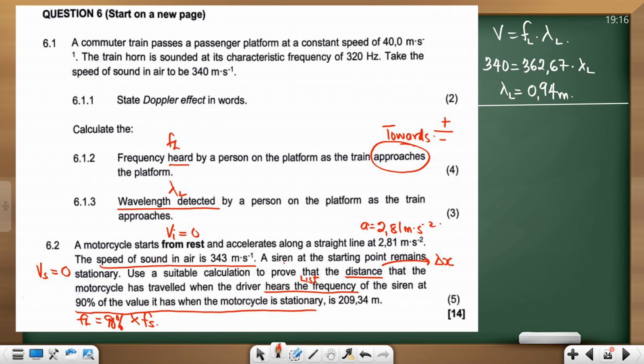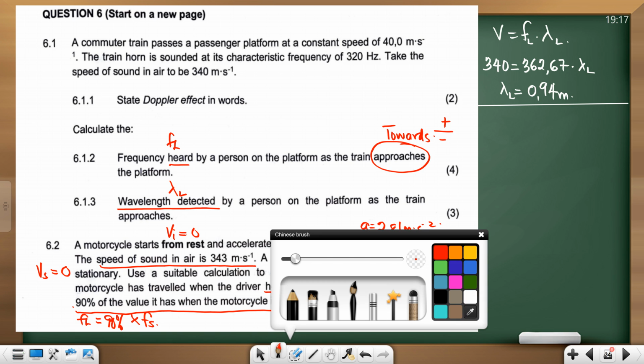It only means one thing. This guy is moving what? Away. Check again. How do I know it's away? The frequency of the listener is 90% of the original. It has dropped by 10%. So the frequency of the listener is lesser. Okay. What are we looking for? They said prove that the distance is that.